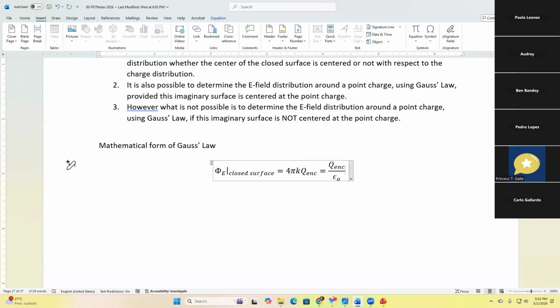And don't forget, because of this relationship, you can deduce that epsilon naught is given by 1 over 4 pi k. The unit is different; the unit of epsilon naught is the inverse of the unit of k.